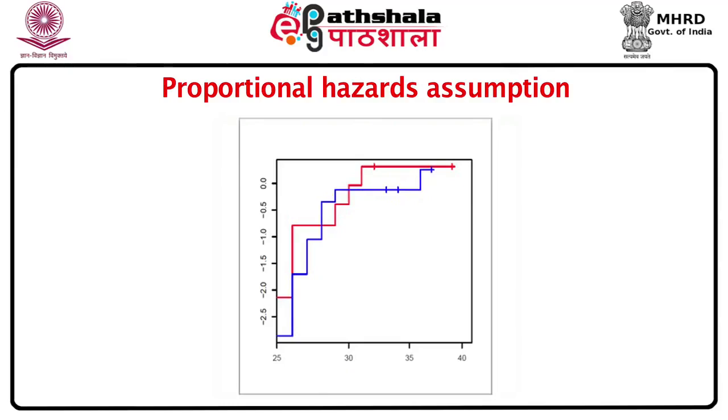We can check this perhaps graphically by getting the Kaplan-Meier estimator separately for the two groups, and the assumption of proportional hazards would be ruled out if we can see that these Kaplan-Meier estimators cross.